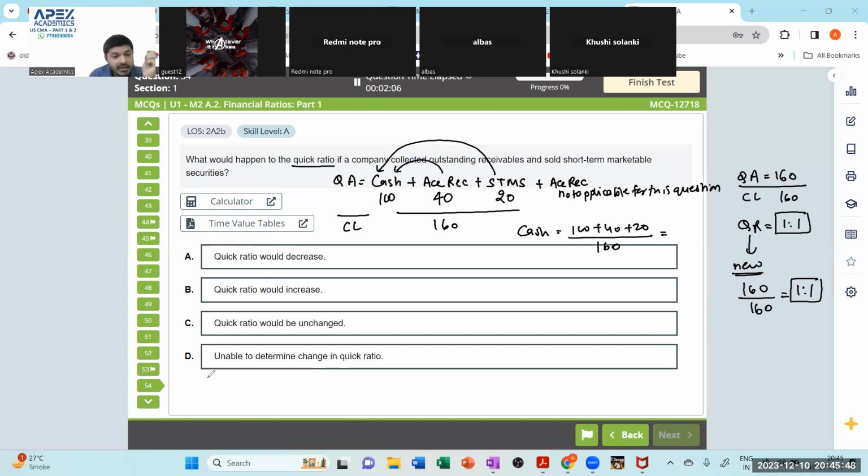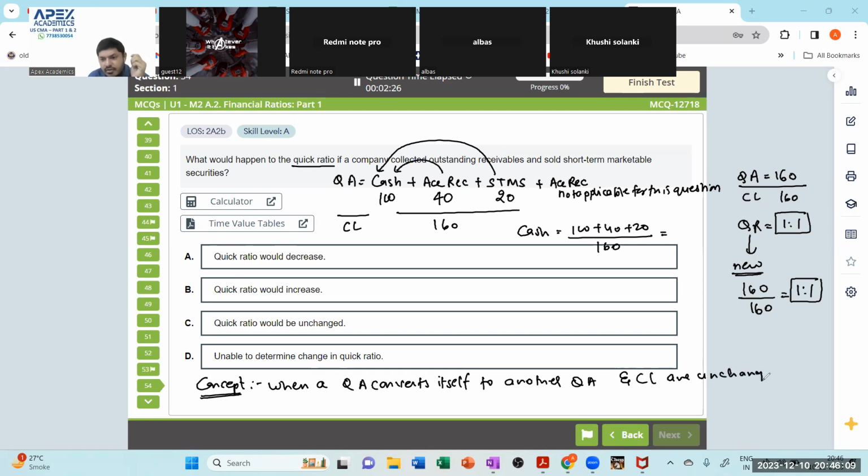No. The important concept to be discussed here is when a quick asset converts itself to another quick asset and current liabilities are unchanged. Is this the scenario you are facing in this question? One quick asset has become another quick asset and current liabilities are unchanged.